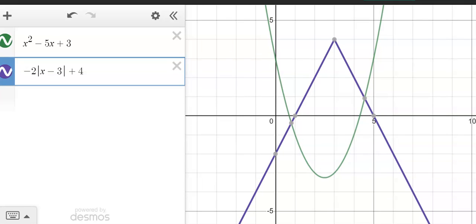Once again, if you touch on one or the other, you can see where they cross each other, where they cross the x-axis, and where they cross the y-axis, as well as their vertices.